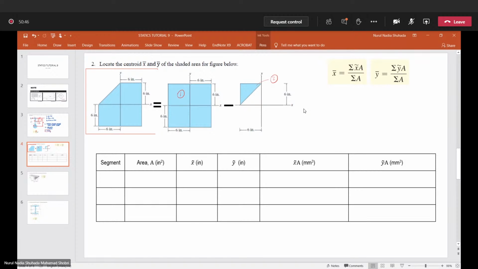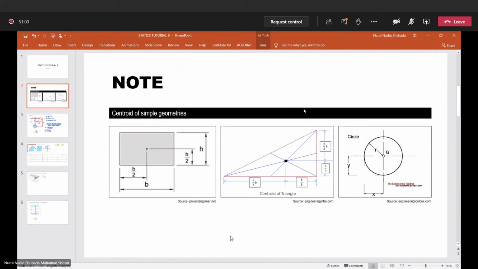Okay, the next thing is we have to find the centroid for each figure. As I mentioned previously, for simple geometries, along the x and also y axis, to find the centroid of a rectangle you just need to divide by 2.